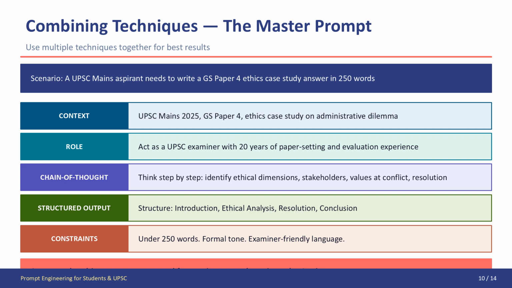250 words. Here is the master prompt built layer by layer. Context: UPSC mains 2025. GS paper 4. Ethics case study on administrative dilemma. Role: act as a UPSC examiner with 20 years of paper setting and evaluation experience. Chain of thought: think step by step.